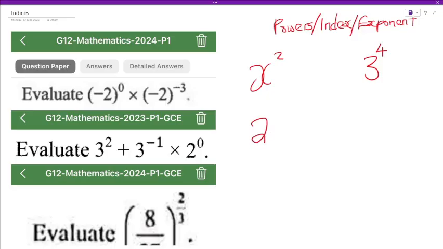When you have 2x squared, 2 and x compose the base, and remember we said when the power is not indicated, it means it's a 1. So we have a power there and we have another power there. Then when it comes to indices, there's something I wanted to mention.